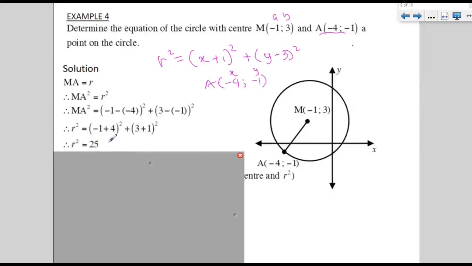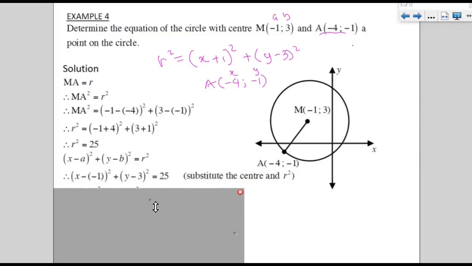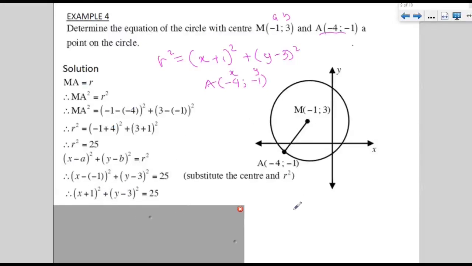And when you open it up, you get r squared equals 25, and therefore the equation of the circle is always in this form, and therefore the equation of the circle is that. A little bit complicated. I would prefer my method, because all you do is say r squared is equal to x plus 1 all squared plus y minus 3 all squared.